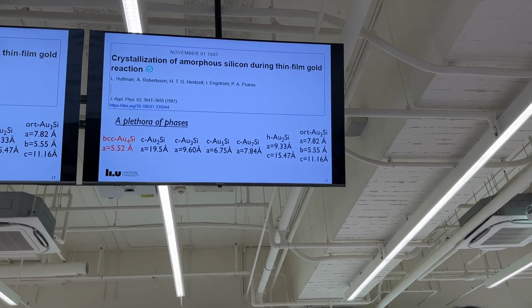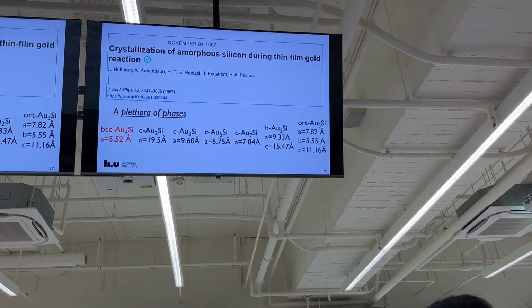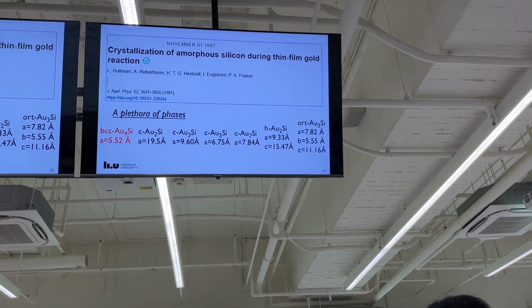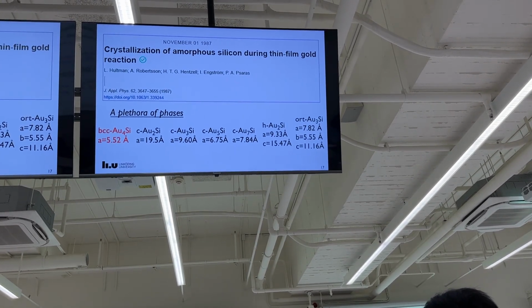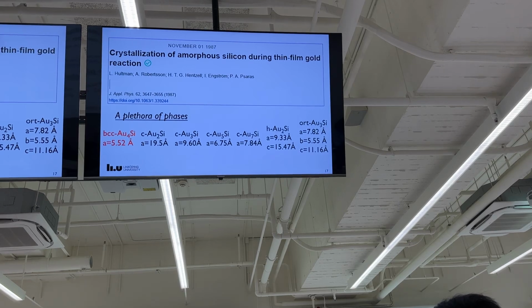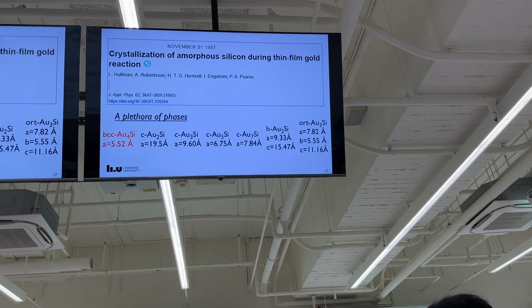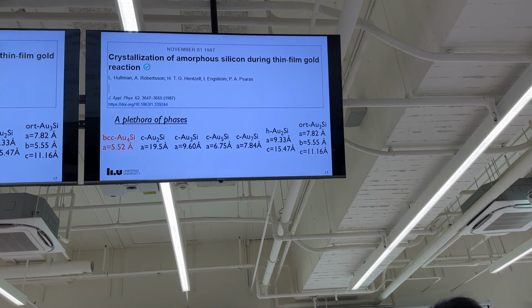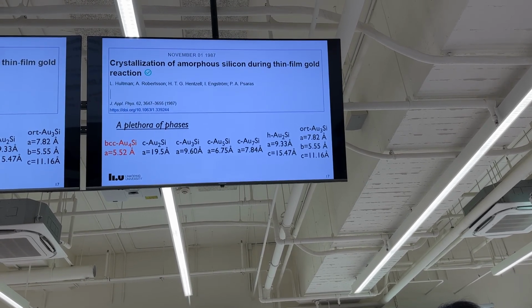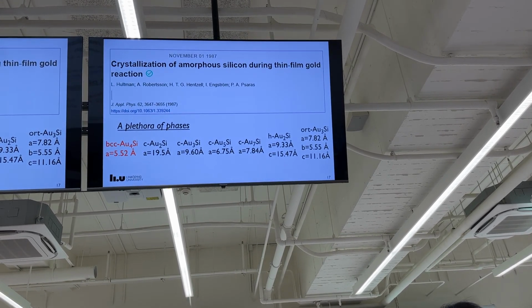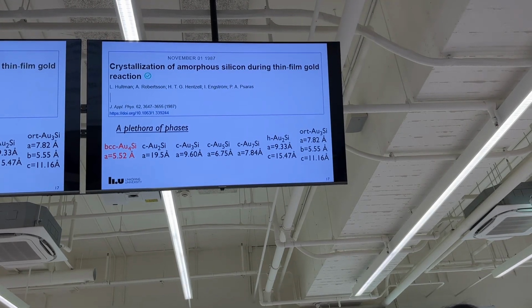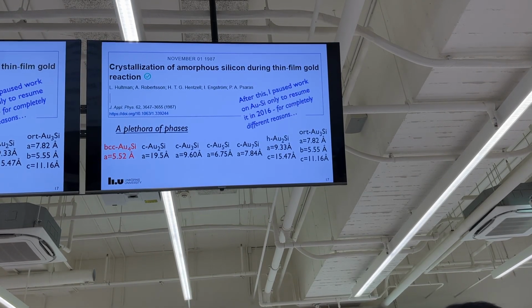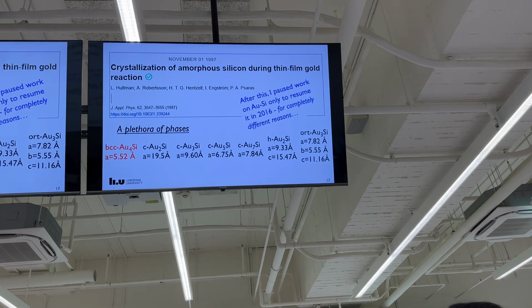I have to admit, I have an unfinished PhD thesis. This was supposed to be my PhD work when I worked on it in the late 80s. My supervisor left, so I entered another field of research, which is on nitrides, where I spent most of my time. So at this time, 87 or so, I left this work.